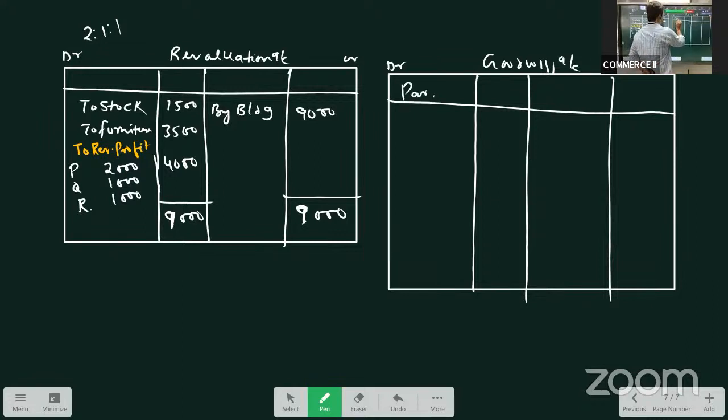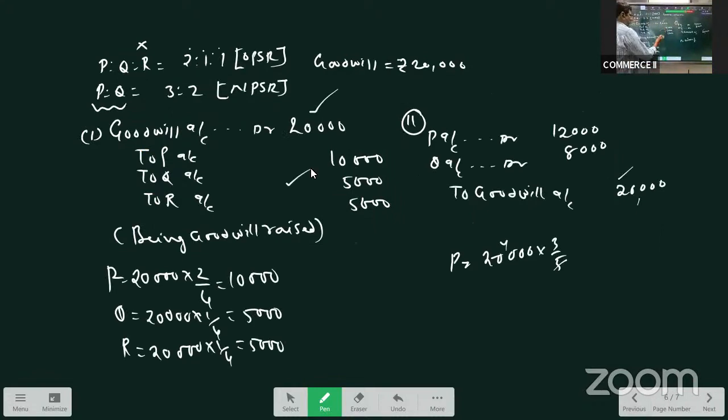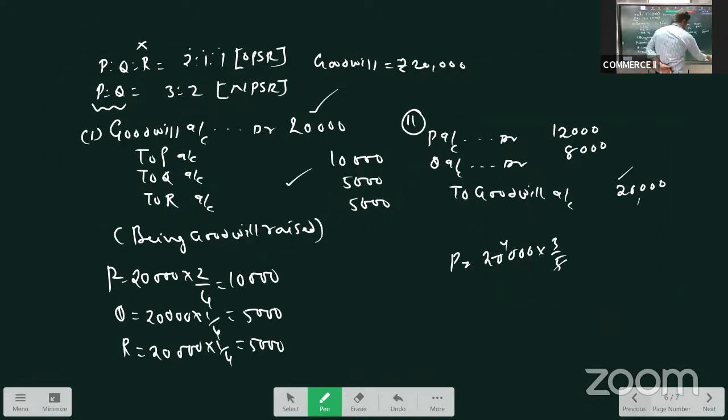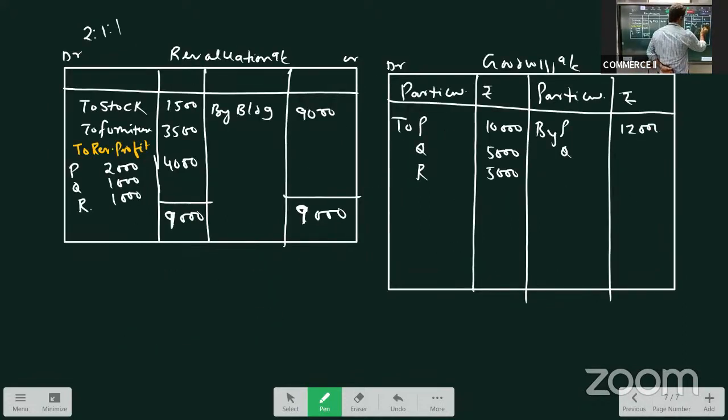Particulars, amount. For raising goodwill, goodwill account is debited and all partners, P, Q, R, are credited with 10,000, 5,000, 5,000. And only the continuing partners, P and Q, are debited, with 12,000 and 8,000.